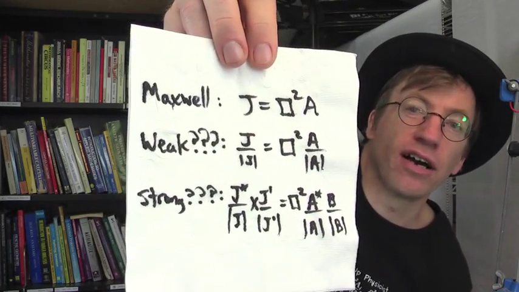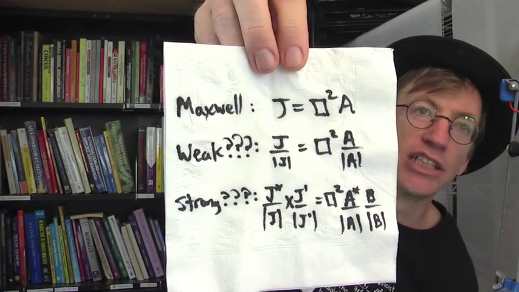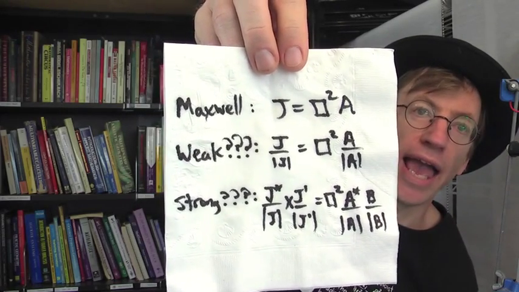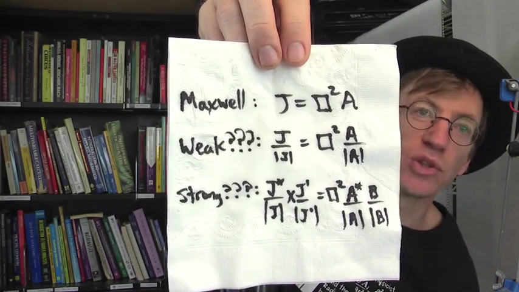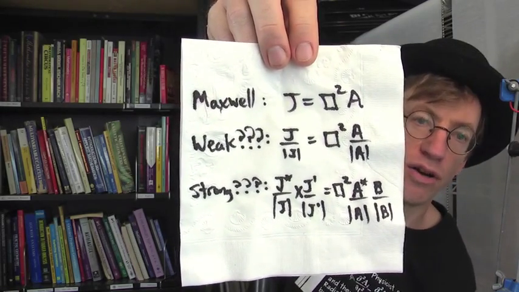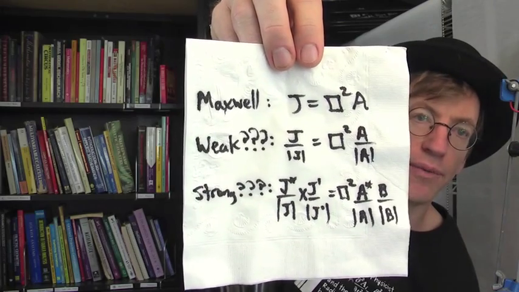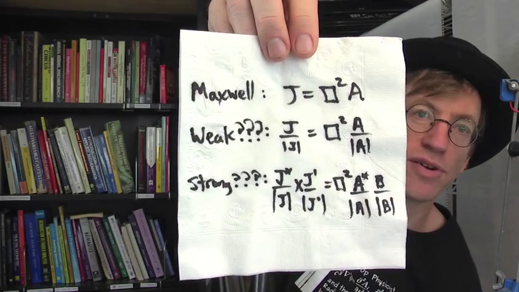And if that is the case, then if we would now work in the Lorentz gauge, we'll end up with these kinds of equations. We'll have the Maxwell source equations, which is just this J equals box squared A. And then we might have these weak field source equations where both things are normalized, and the strong field source equations, okay, which has got this A and B thing, A star and B star sort of things.